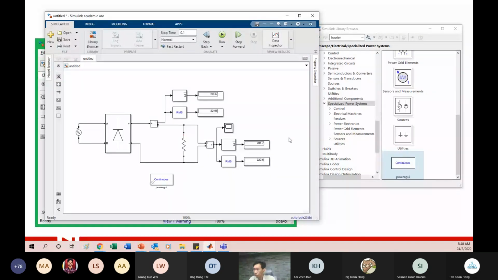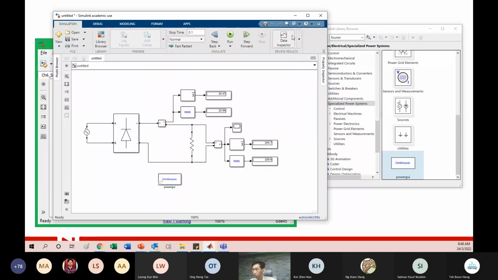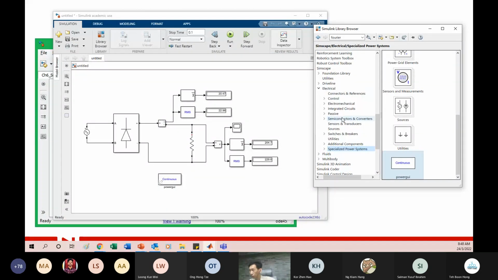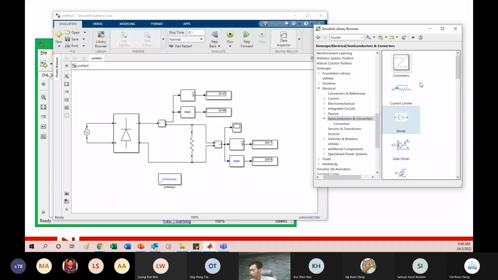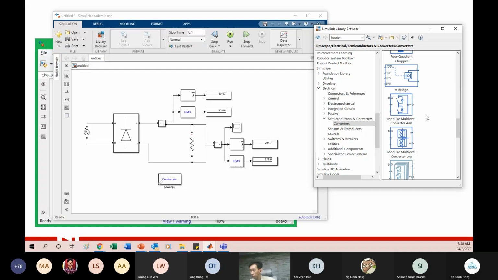All right, so if you want to use the electrical also can, but you need to construct them using diodes. I think they have a conversion block as well. The new one I got, the old one doesn't have. Let's see. Yeah, they also have it actually. This is three phase.